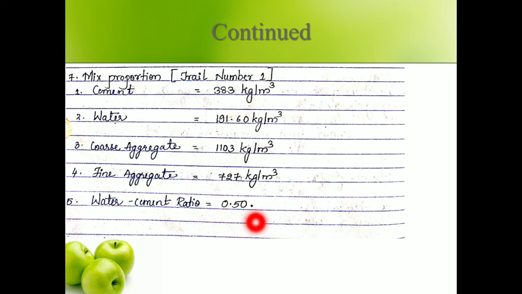So you have to write at the last what is the cement content, water content, coarse aggregate, fine aggregate and water cement ratio according to the mix design using IS 10262-2000 which you have solved now. At the last you need to write these values.